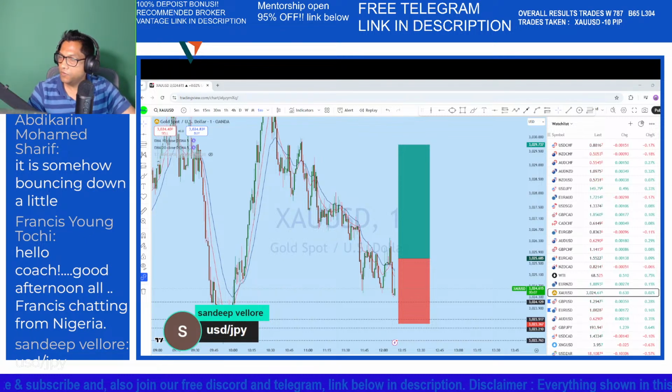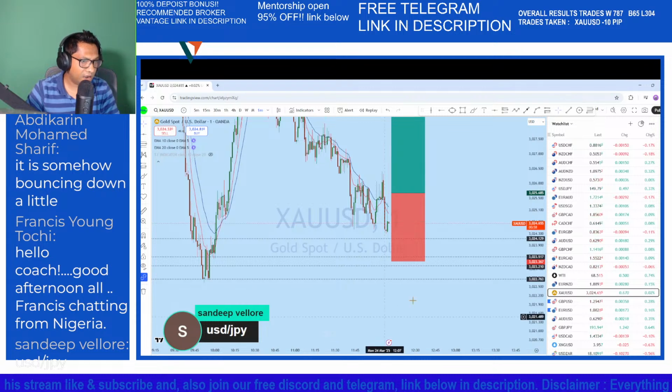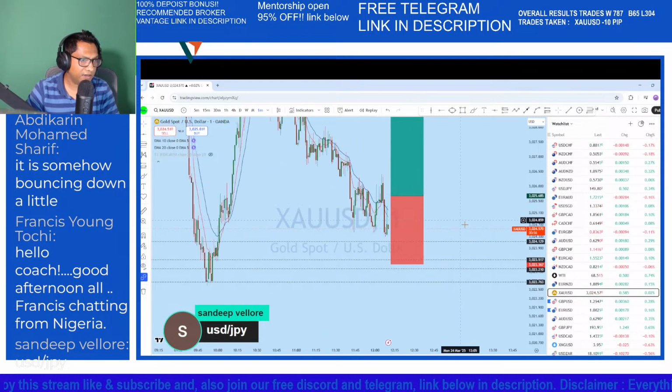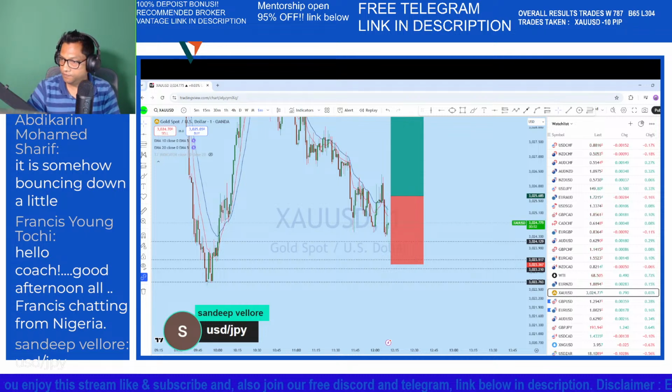So that's the buy stop here. And if the market moves enough to the upside, we'll be entering into the trade. I think we could see further down, and then we might see that reaction to the upside, and that's why we will be into the trade.